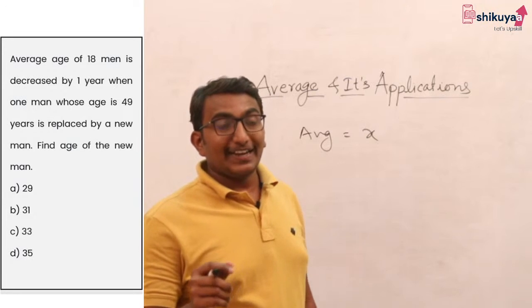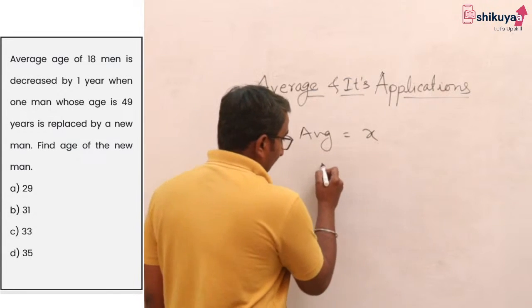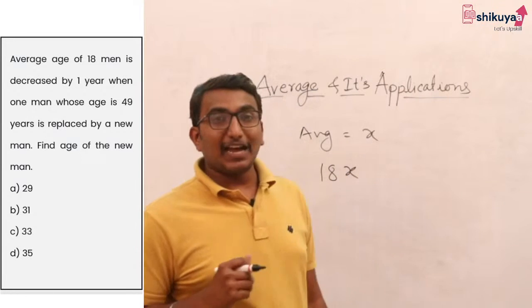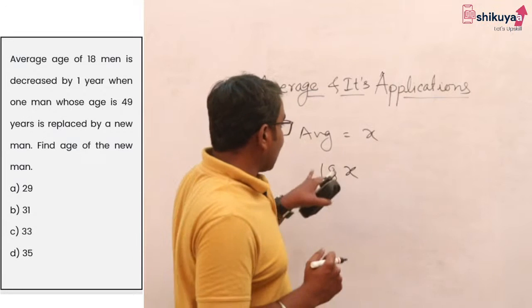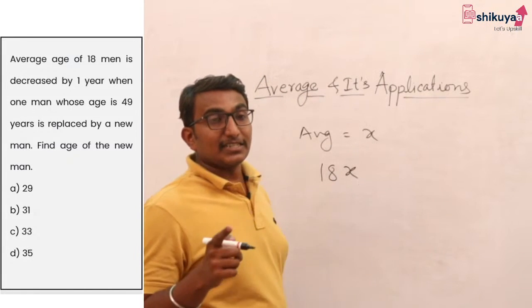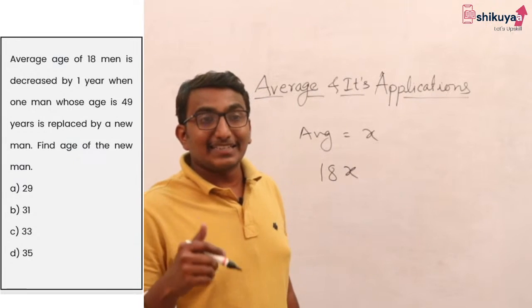It is decreased by 1 year. So if we are supposed to calculate the sum, it is average into n. n is the total number of men, that is 18. That is decreased by 1 year when one man whose age is 49 years is replaced.